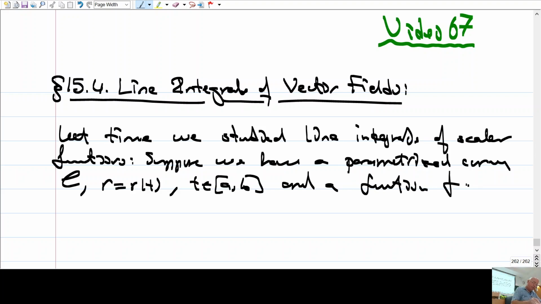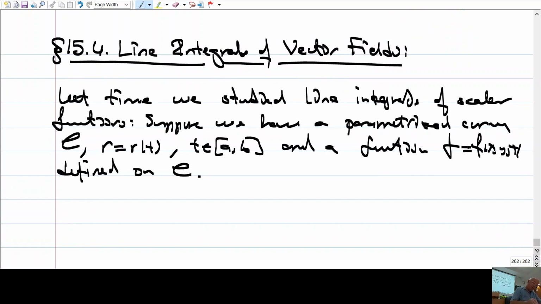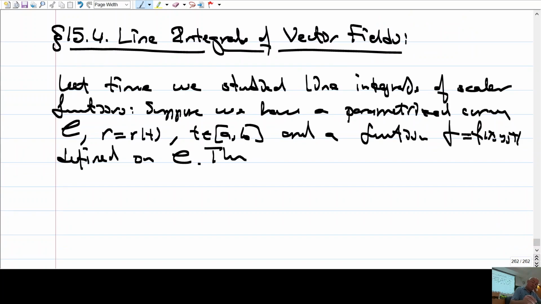f of three variables, let's say x, y, z, defined on C. Then the line integral of f over C, f ds, is defined to be the following.